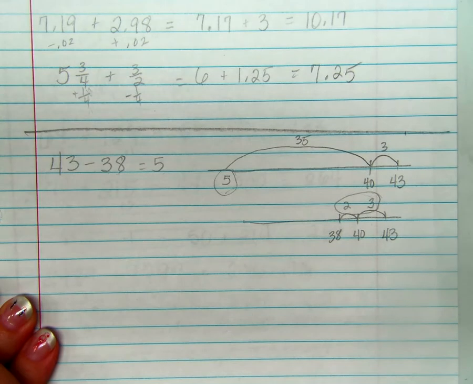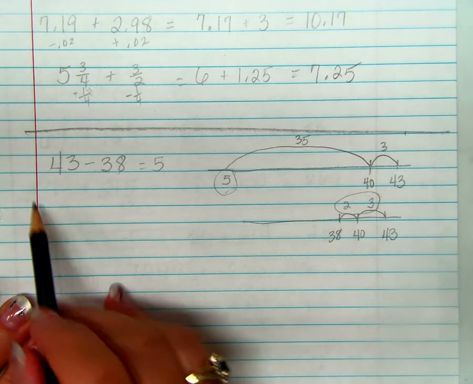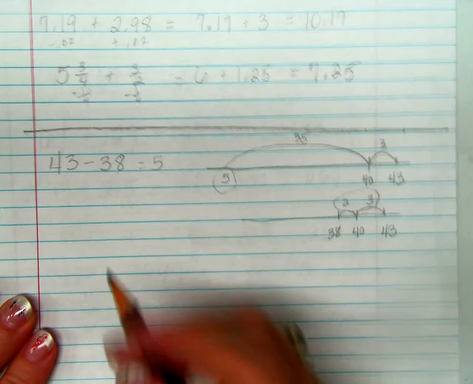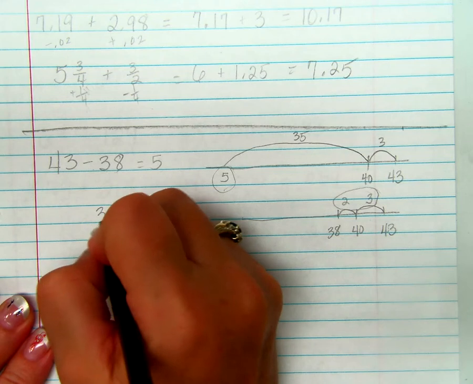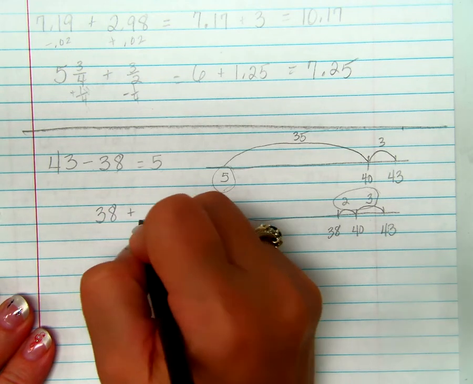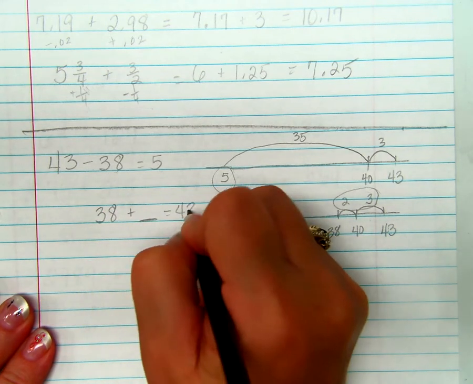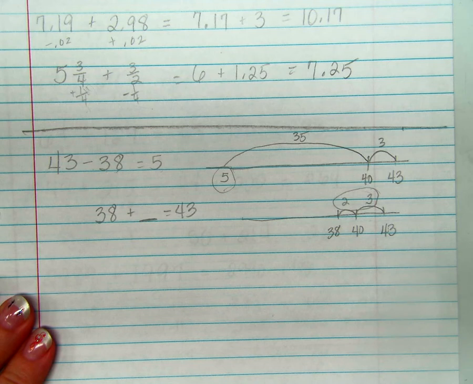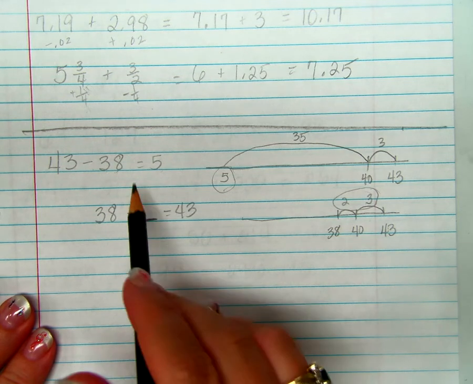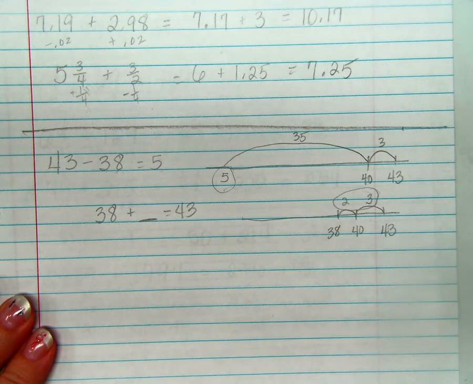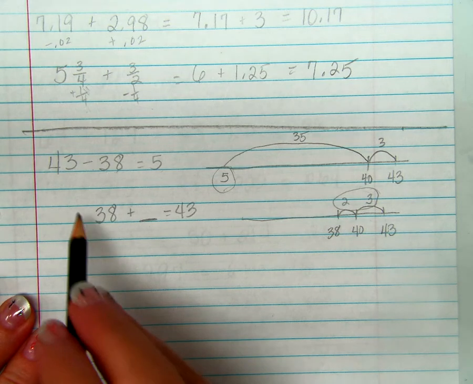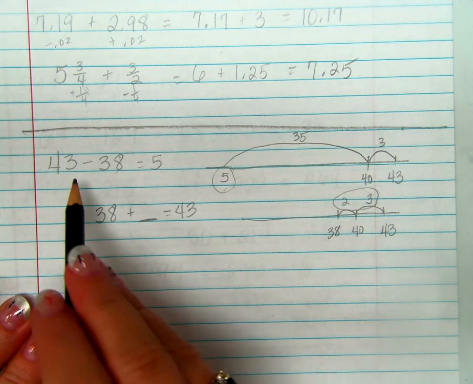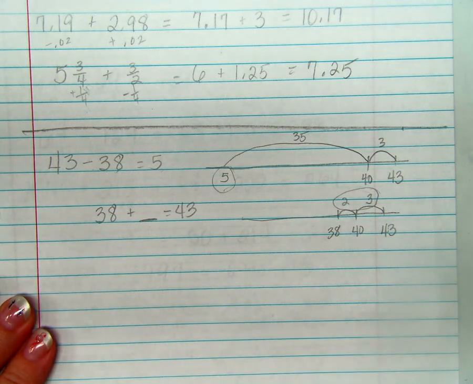But I got to show you one more. When I wrote this up here, did anybody in the room say to themselves, okay, 38 plus something is 43. What's that something? Did any of you change this into an addition problem? How are subtraction and addition, if at all, related?